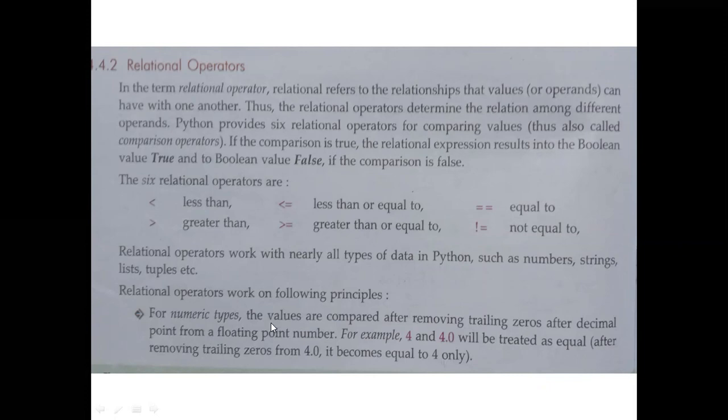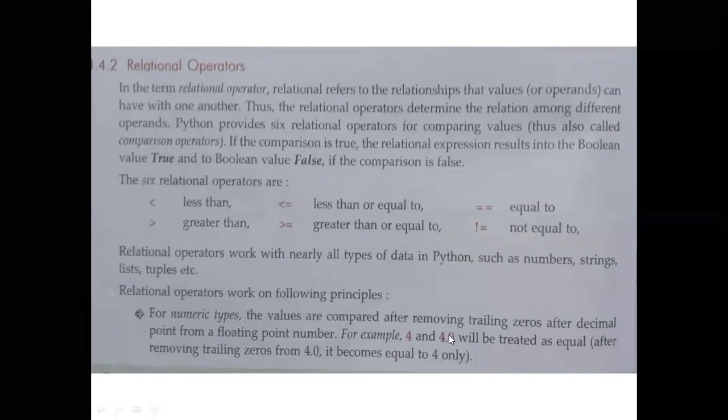Trailing 0 means the 0 which comes either before the number or after the point. After the point only 0 is there, no numbers are there, so it will consider the number only, not the 0. Trailing zeros will be removed.